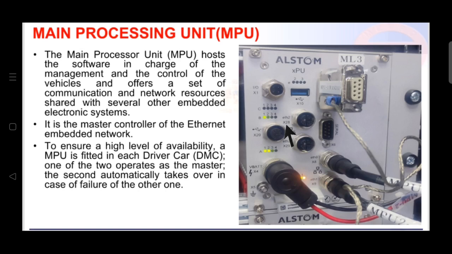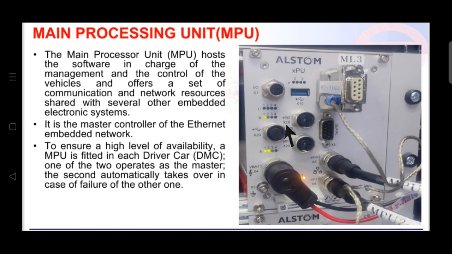In non-automatic mode, everything happens manually. For example, if I want to stop the train, then I need to stop it manually with the help of the master controller by bringing it down to the braking position, right? So it is a very simple thing. In automatic mode everything will be automatic, in non-automatic mode everything will be manual.